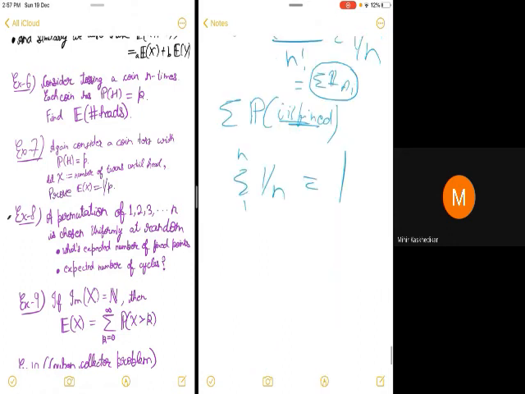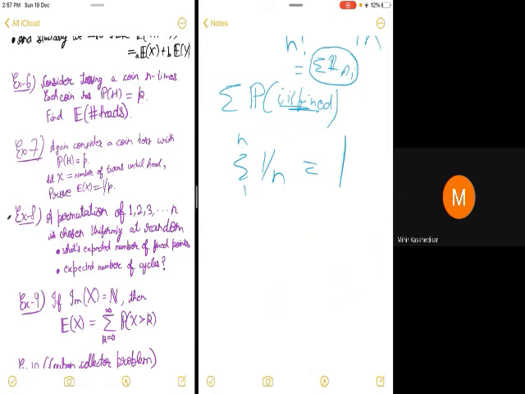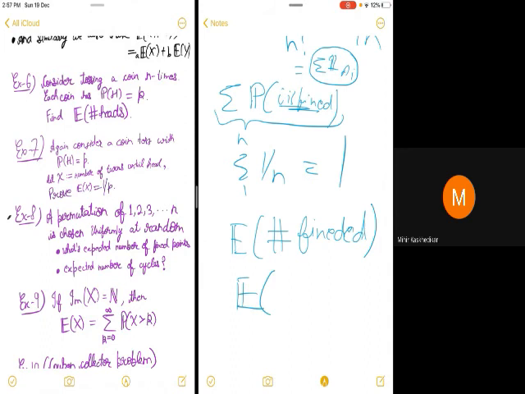And this will just be the expected value of the number of fixed points. This is because this will be the expected value of the number of i which are fixed, which is precisely the number of fixed points.